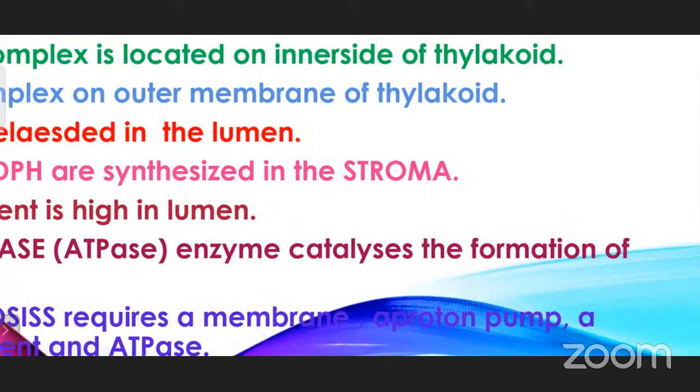PS1 to PS2 to PS1, when the electrons are moving through the electron transport carriers, they are pumping the protons from stroma to lumen. So a proton pump is developed by the electron transport molecules only. The electron transport molecules are plastoquinone, cytochrome, plastocyanin.